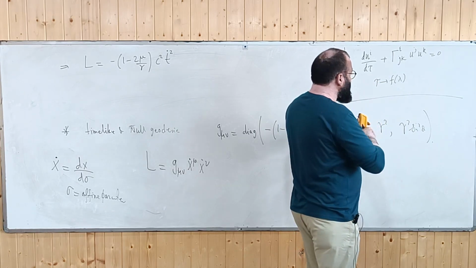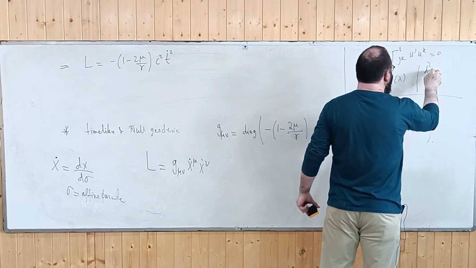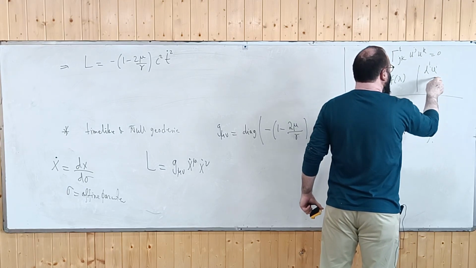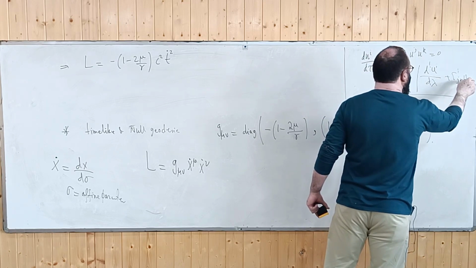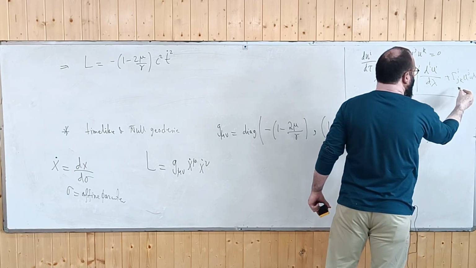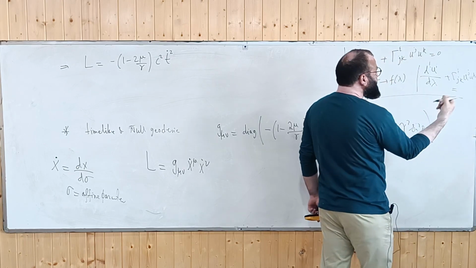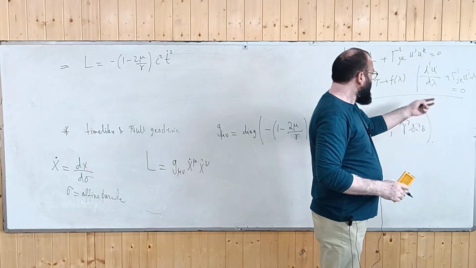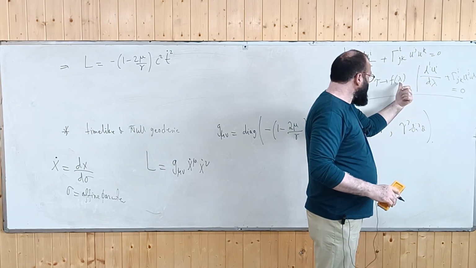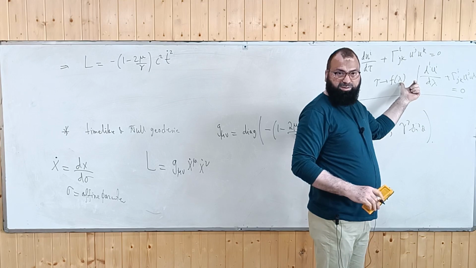So it will be, let's say, d u^i by d lambda plus gamma^i_jk u^j u^k is equal to, let's assume for the time being, 0. If this happens, then we call these lambdas the affine parameters.